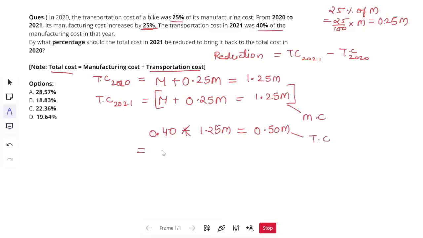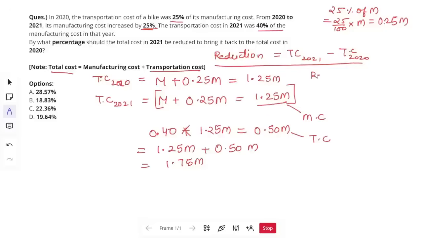So our total cost will be this one, 1.25 M plus 0.50 M. If you add both of them, you will get 1.75 M. So now we have got the total cost in 2021. Now what we need to find is our formula that we have written, reduction.